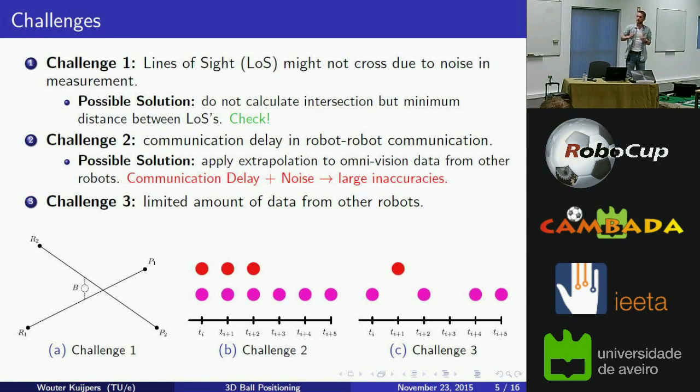In a previous research, there was a solution for this, which said we will just extrapolate this projection data up to, in this case, ti plus 5, which is the moment we are currently evaluating. However, in some tests, we found that the communication delay plus some added noise might create a huge inaccuracy. So I came up with another solution for that, which I will present in a moment.